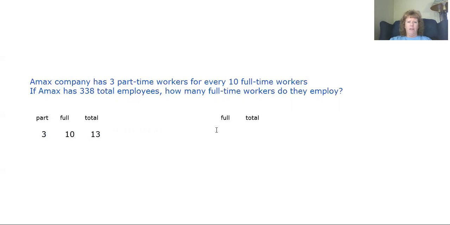So here, we are comparing the full-time workers, which was 10, to the total workers, 13. If Amex has 338 total employees, we'll be looking for how many full-time workers they have.